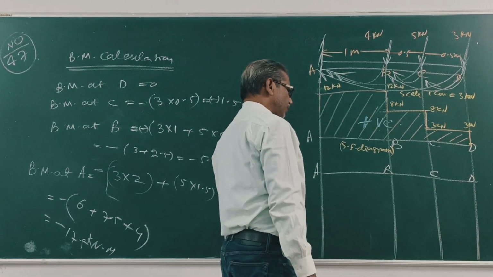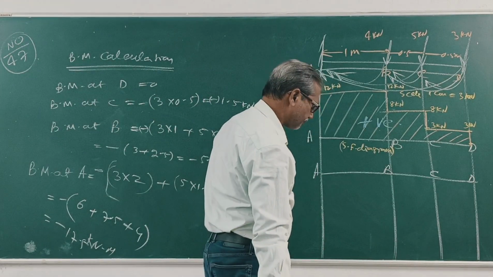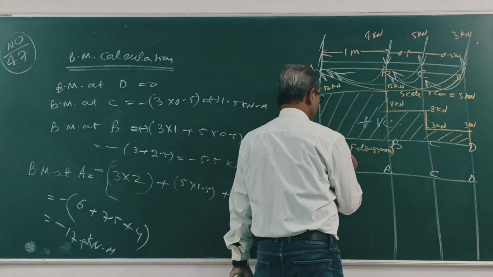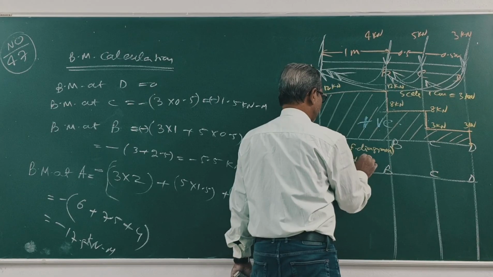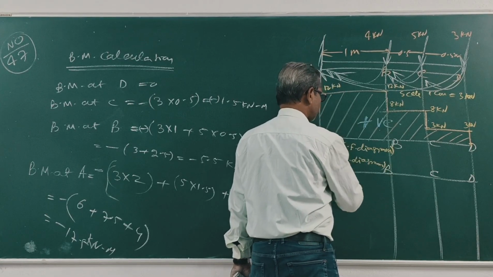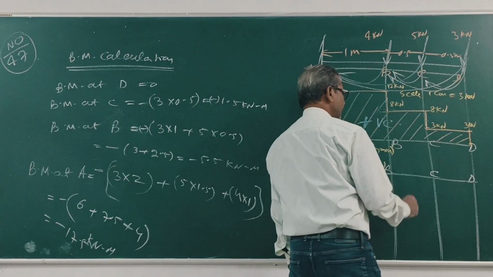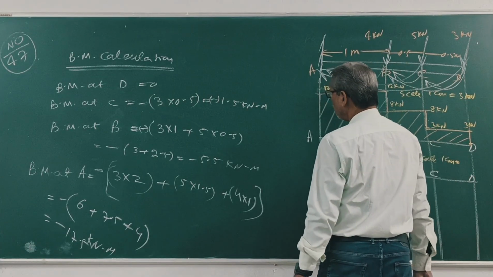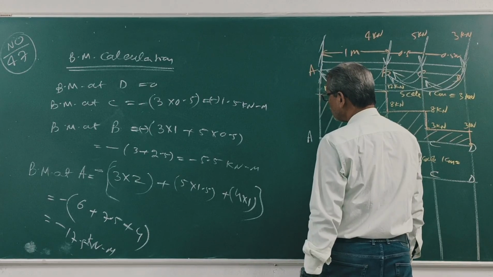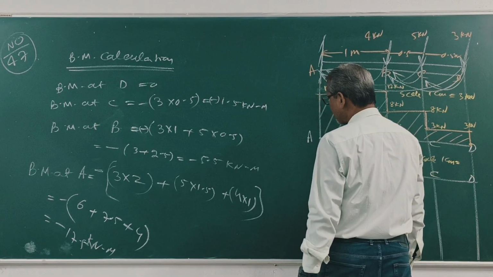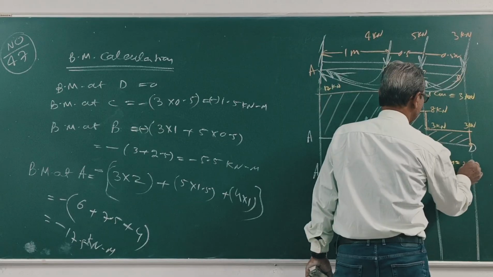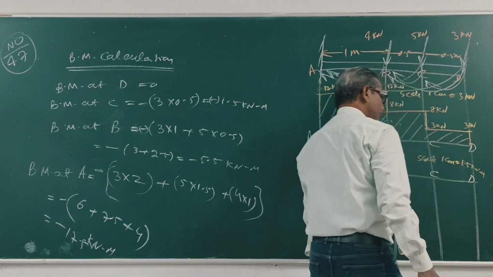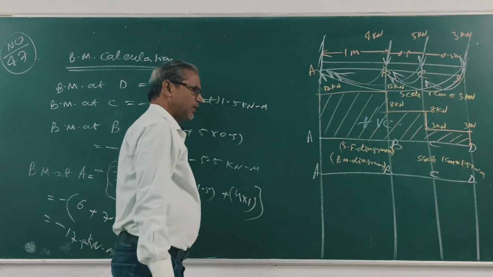Draw the bending moment diagram. Scale: 1 cm is equal to 1.5 kilonewton meter, right?